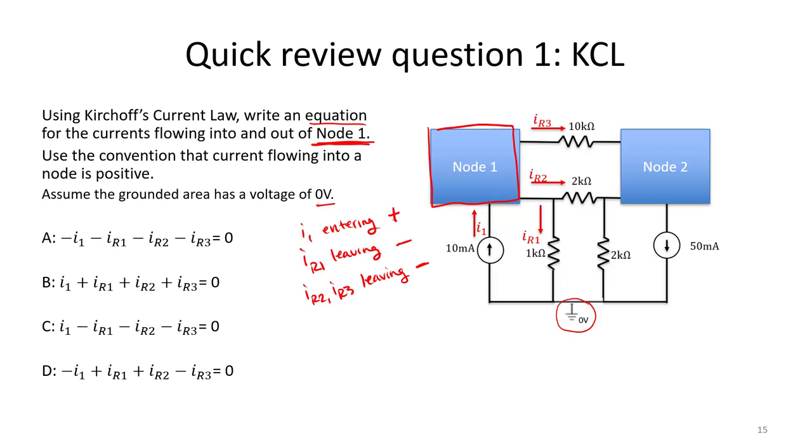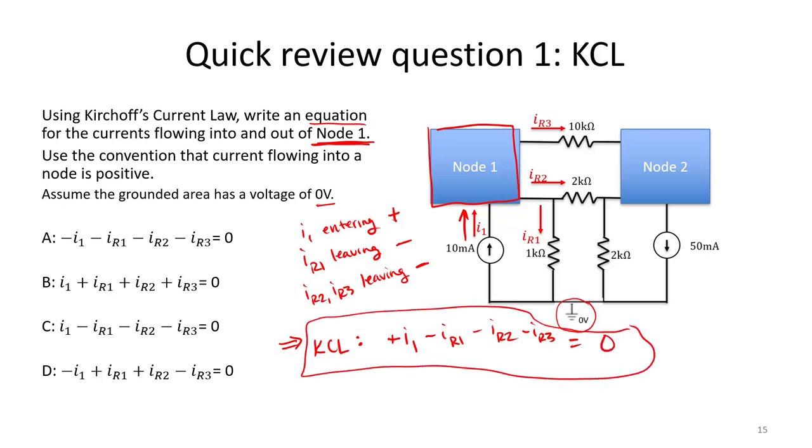By Kirchhoff's current law, we know that the algebraic sum of all currents entering or leaving a node must be 0. So we can go ahead and take our algebraic sum. We get plus I1, because I1 is entering. The other 3 currents are leaving. So we have minus IR1 minus IR2 minus IR3, and the algebraic sum must be 0.